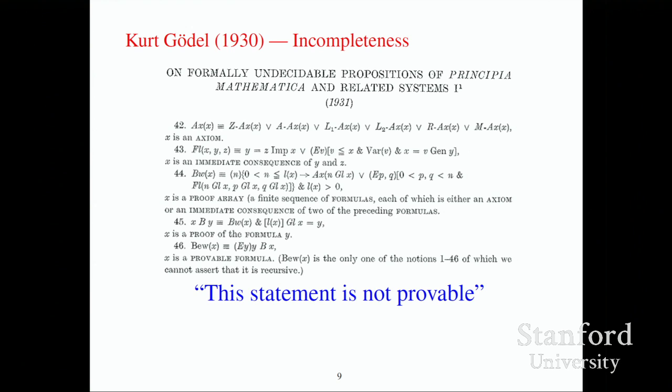So what happens? If it's true, then it must not be provable. So there's something true that's not provable, right? The other way around, if it's false, then it is provable and you can prove something that's false. Now, that would be really, really bad news.